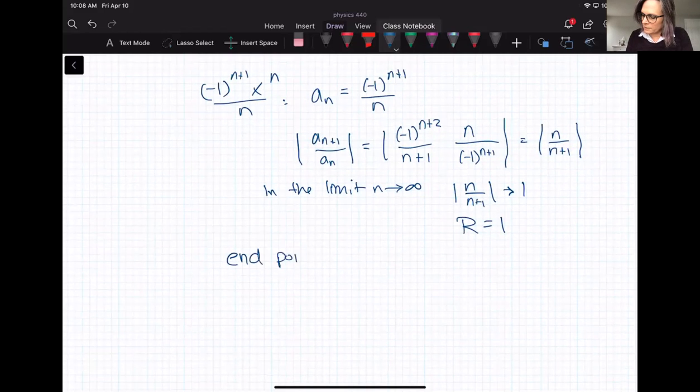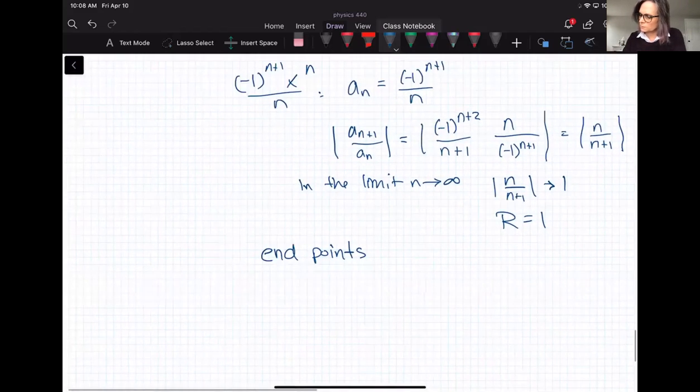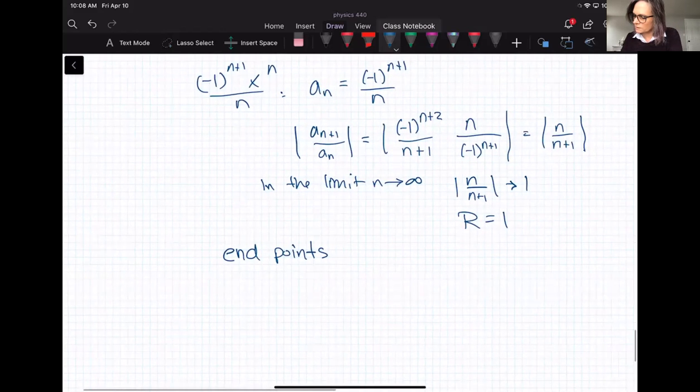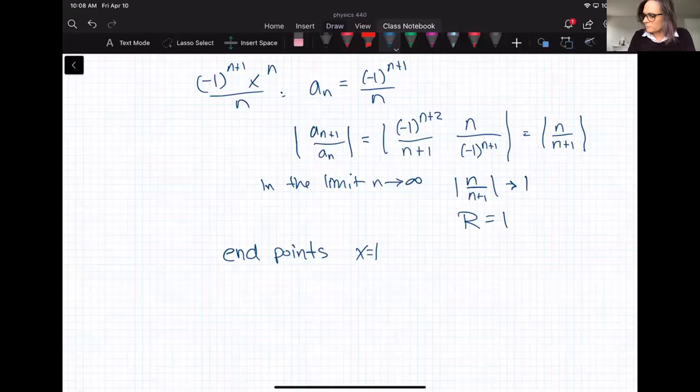So if we look at the two endpoints, what this means is that the power series converges on this region, but we haven't tested minus 1 and 1 separately. If we look at x equals 1, what kind of series do we have? What does that look like? Harmonic.